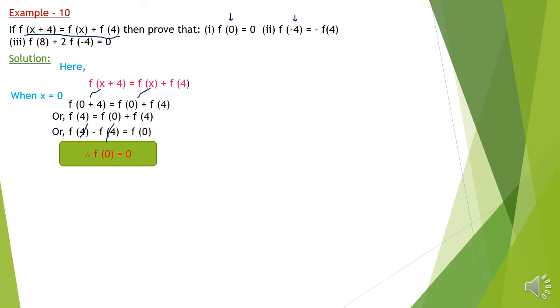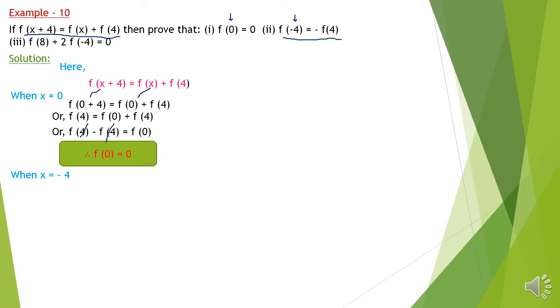This is our first result, and it is pretty easy also, isn't it? Now our input will be -4 when x is equal to -4. Why we don't use 4 as our input? Because f(4) is already in the question, and we don't need another 4. If we put 4 right here, it will be 4 plus 4, then we may not be able to find this result.